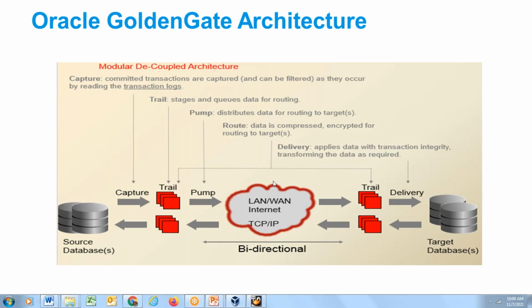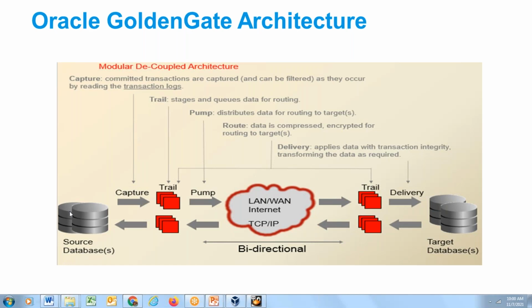Now each database has its own transaction logs. In case of Oracle, these transaction logs are redo logs or backups of redo logs, which are called archive logs. So whatever changes are made to the database are recorded into those log files. In case of a non-Oracle database like SQL Server or MySQL, these logs are called transaction logs.